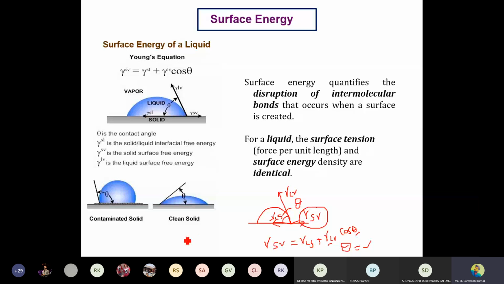So the deciding factor: if theta is less than 90, then it is good wetting, which means our liquid easily spreads over the surface.